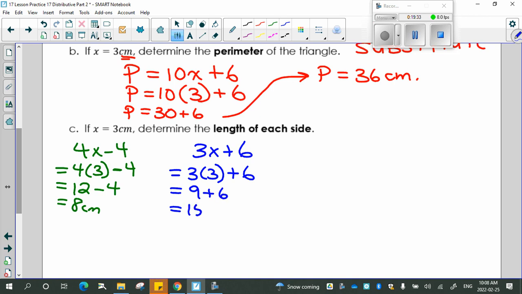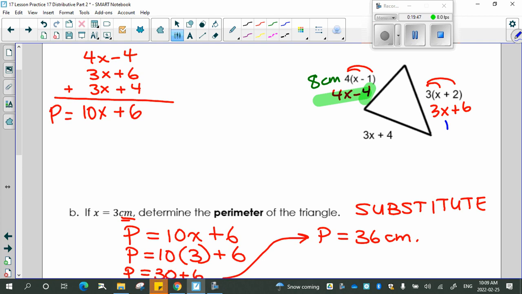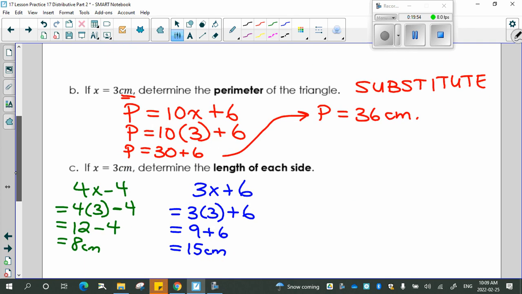And then it's a length of a side, and it says it's in centimeters. So then we can go back up to our picture and write in 15 centimeters up here. And then I'm going to do the 3x plus 4 last.